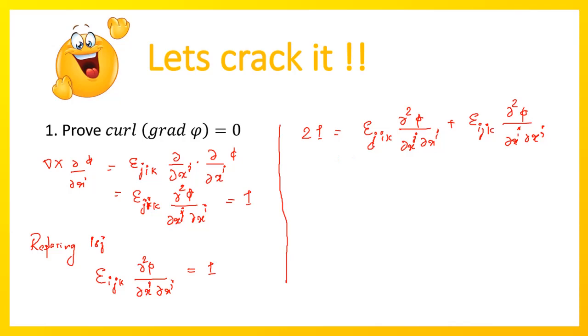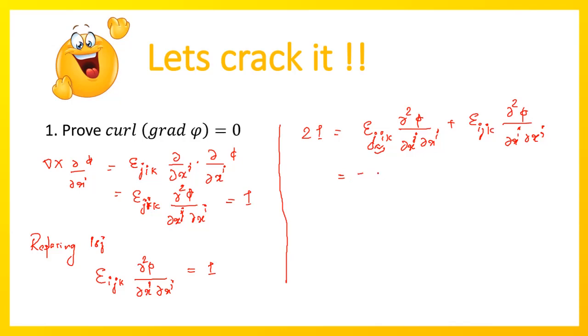Now I can replace these two symbols by not switching the dummy indices, just having a rearrangement inside the Levi-Civita symbol.